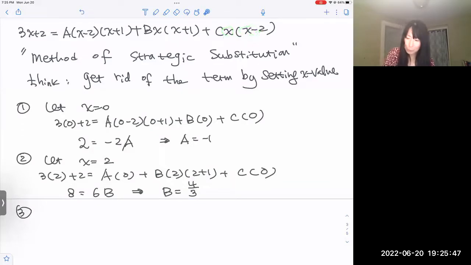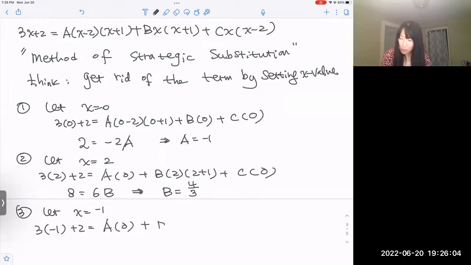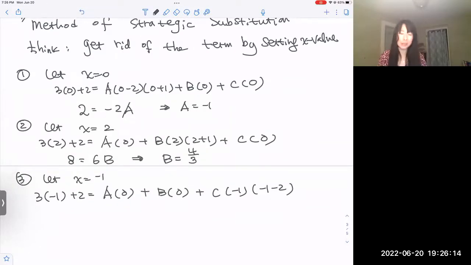Let x equal -1. Then 3(-1) + 2 equals A times 0, plus B times 0, plus C(-1)(-1 - 2). On the left side, what do you have? -1. Everything on the right is 0 except C: (-1)(-3) is positive 3C.